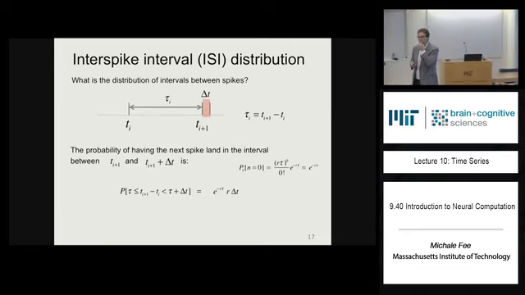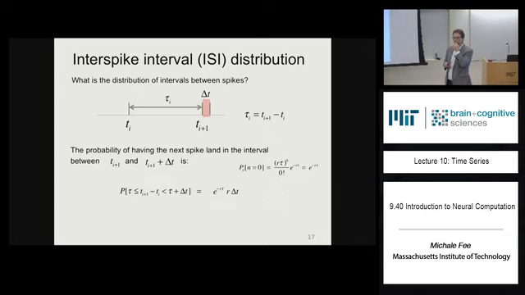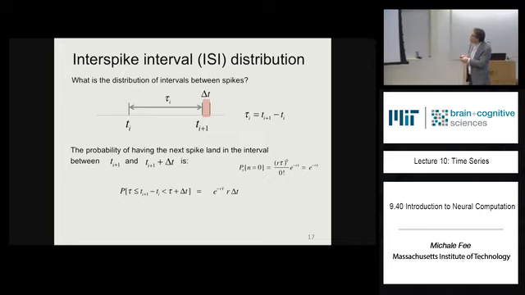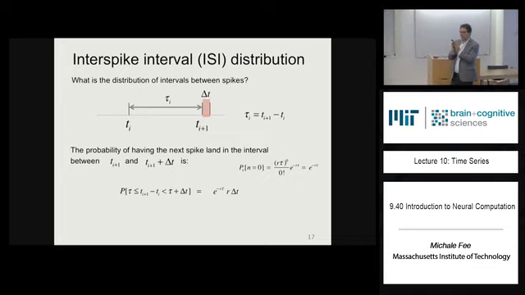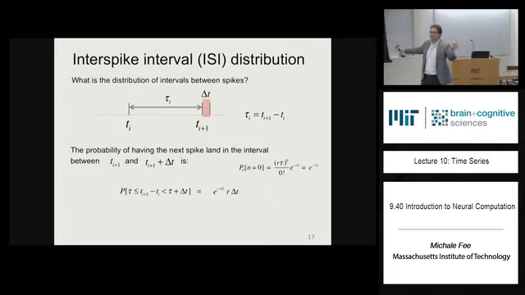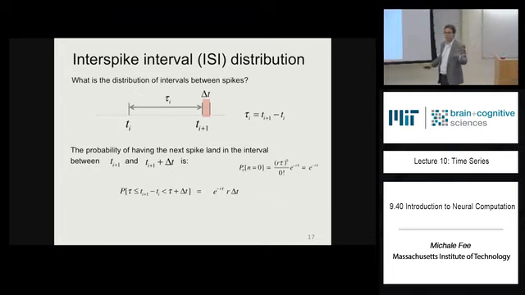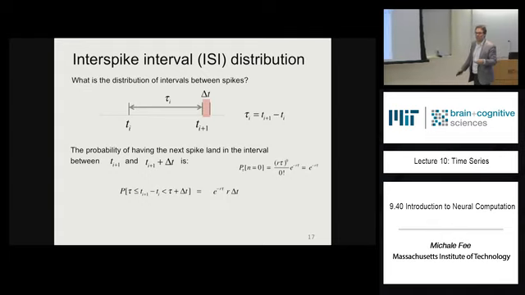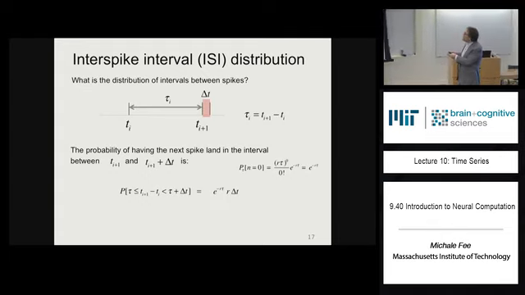Are we talking about the probability of having the next spike land in delta t given that there was no spike in the first interval? Well, remember, the probability of having a spike in any interval in a process is completely independent of what happens at any other time. So why did we do that? Because in order for this to be the interval between one spike and the next spike, we needed to have 0 spikes in the intervening interval.